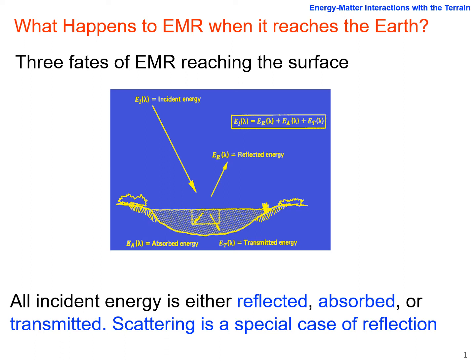So that would be the case of like leaves transmit light, water transmits light. Scattering, we should note, is a special case of reflection. And as we'll see, that special case is when light goes off in random directions.